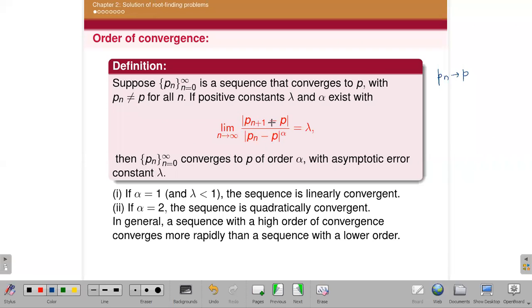As n goes to infinity, it should be lambda. And lambda is any real positive number. Then you will say Pn is converging to P of order alpha. This is important here.